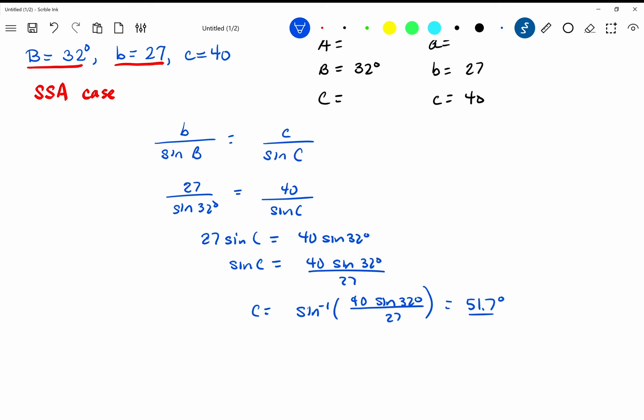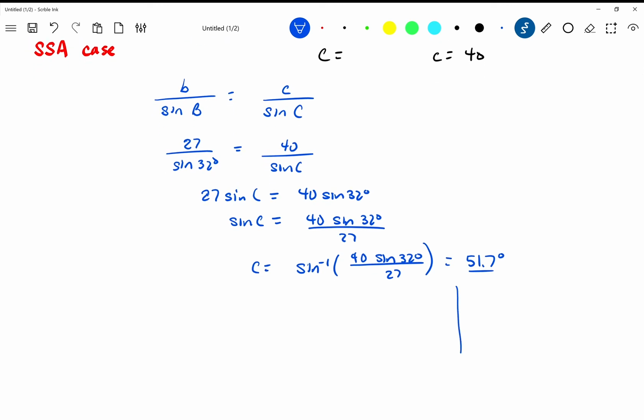What I'm trying to say is, if I get 51.7 degrees, there is another solution that could work, because we just want sine of c to be that number. 51.7 degrees is in the first quadrant, and there's another solution in the second quadrant that has the same reference angle of 51.7 degrees.